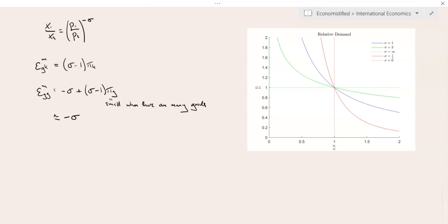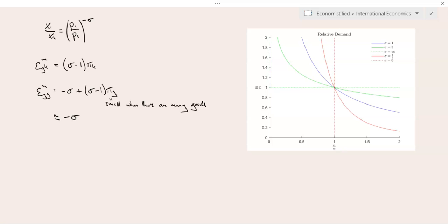So clearly then, if the different goods are all complements under a CES utility function, that's also going to mean that the own price elasticity of demand of any one good is going to be relatively inelastic, because this epsilon GG is going to be less than 1 in absolute value.